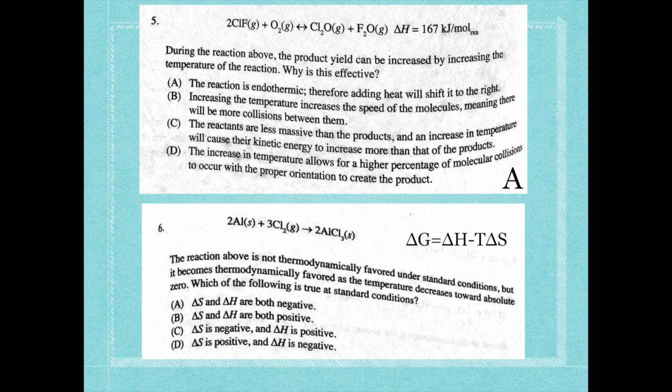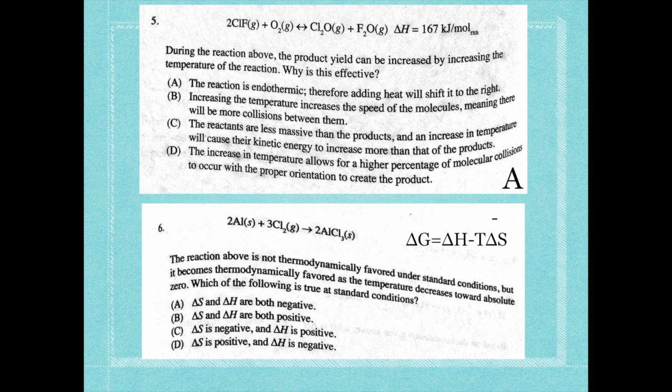I need my delta G to be negative. Okay? I don't know about my delta H, but looking at this reaction, since you go from 3 moles of gas and 2 moles of solid to 2 moles of solid, you know your delta S is going to be negative. Therefore, since you have a negative T delta S and your delta S is negative, that makes it positive.